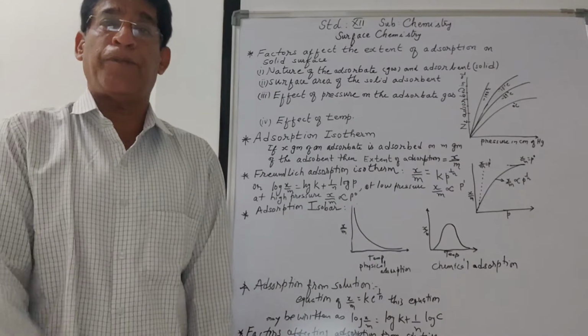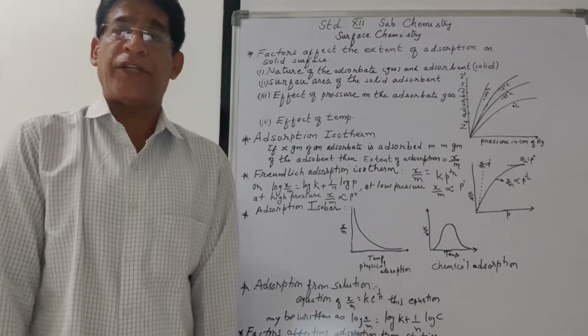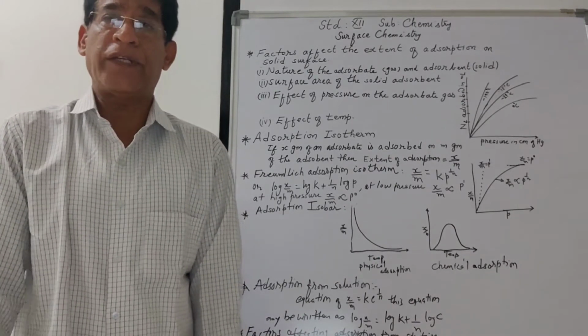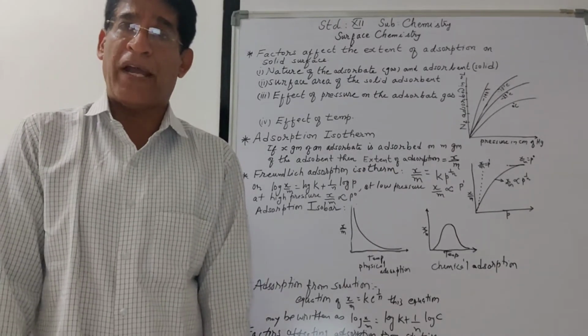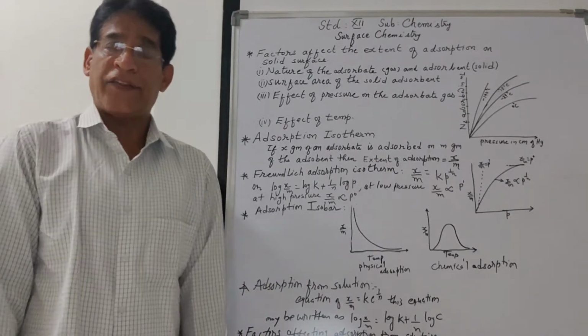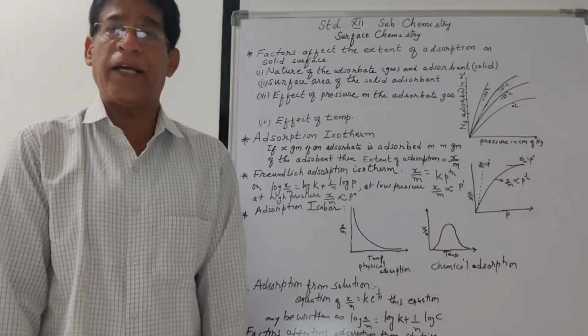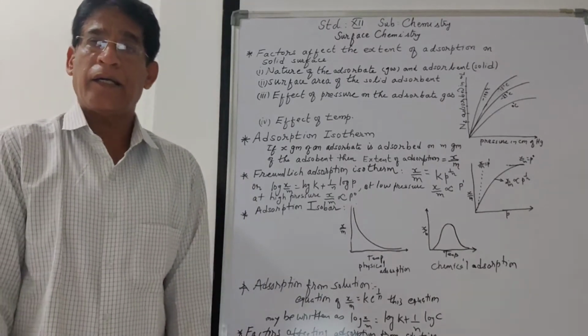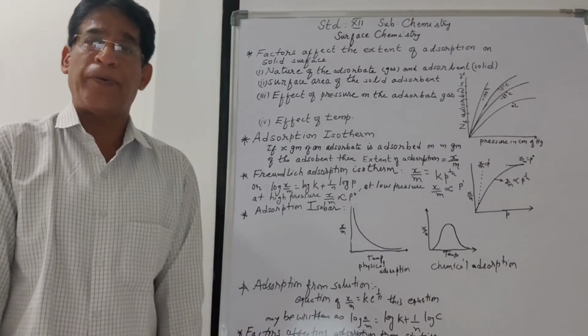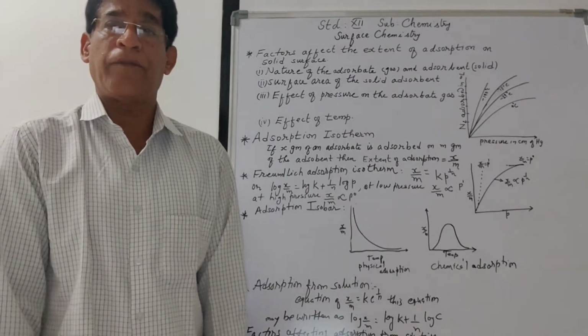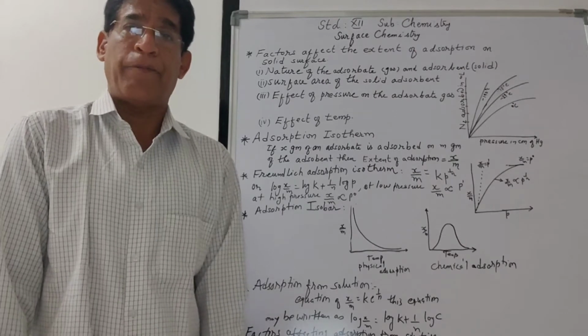Due to this property, powdered charcoal is used in gas masks used in coal mines. Gases with high critical temperature are adsorbed to a higher extent as compared to gases with lower critical temperature.